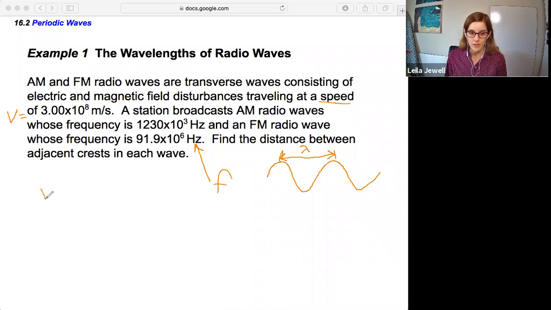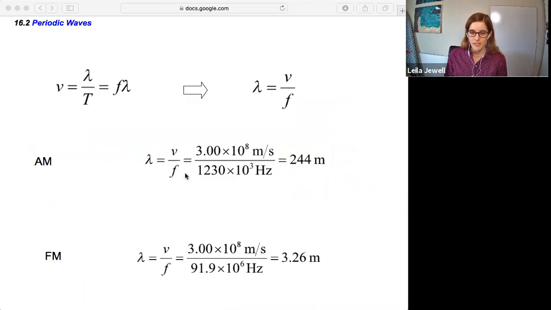And we already know that the speed of the wave is equal to the frequency times the wavelength. So if we divide both sides by the frequency, then we'd have that the wavelength is equal to the speed of the wave divided by the frequency. All right, so let's try it out with some of those numbers then. So lambda is equal to V over f.